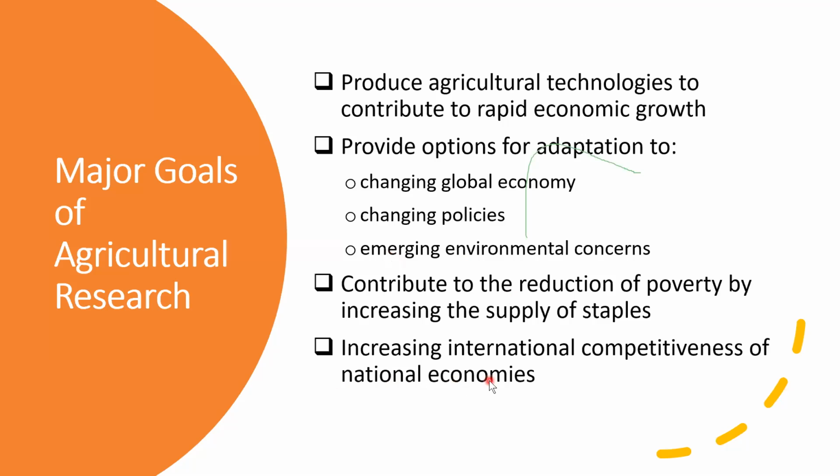And if you are not competing with the international community, it means you have no market for your commodity. So we have to look at the competitiveness regarding the quality, regarding the cost of production, etc.